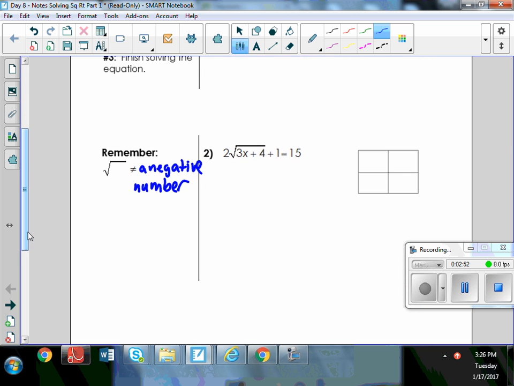So the next one she gives us, if we think of it graphically, it would look like a horizontal line at y equals 15. And then if I'm going to graph the square root portion that's on the left, it looks like the +4 is going to be left 4 in a negative direction and up 1.